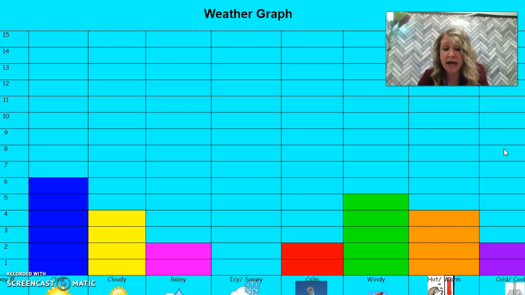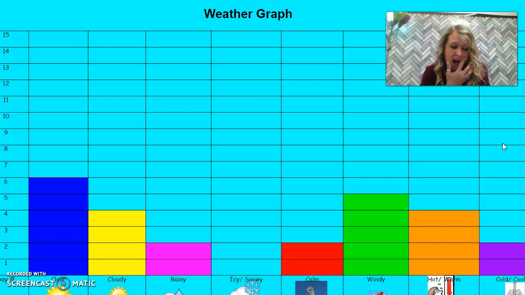Now, those are the categories because they are the types of weather that we had the past couple of weeks. If I was to graph the ice cream, I only had 3 categories: vanilla, chocolate, and strawberry, remember? So the categories are what you are voting on or what you are graphing.